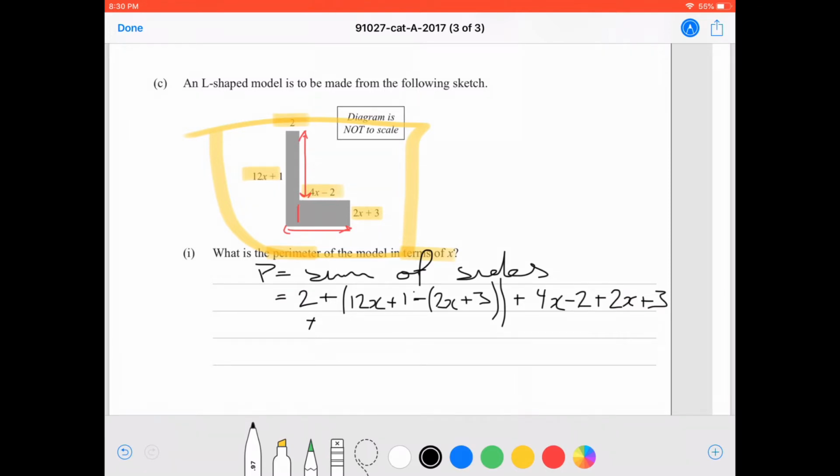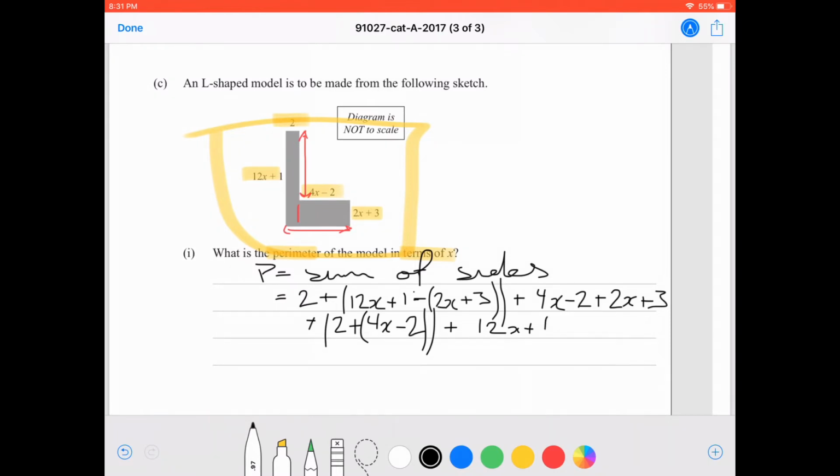I hope you see where I'm coming from there. I'm adding this and this to find this measurement. Okay, so 2 plus 4x minus 2, and we'll use brackets just to demonstrate that. And finishing us off, 12x plus 1.